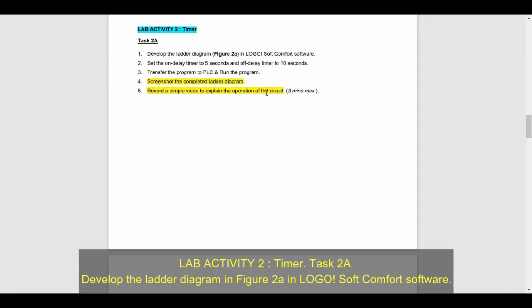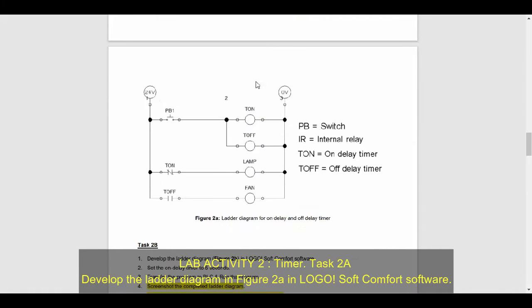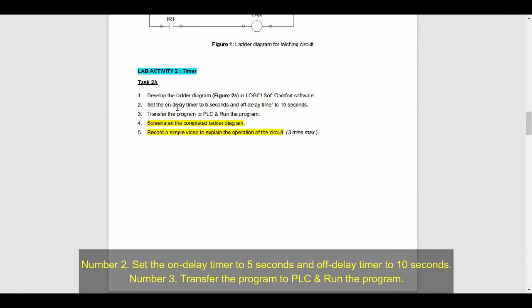Lab activity 2, timer. Task 2A. Number 1, develop the ladder diagram in Figure 2A in LOGO! Soft Comfort software. Number 2, set the on-delay timer to 5 seconds and the off-delay timer to 10 seconds.